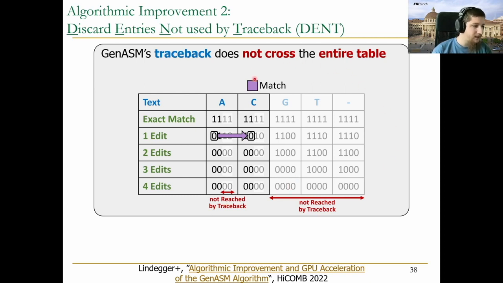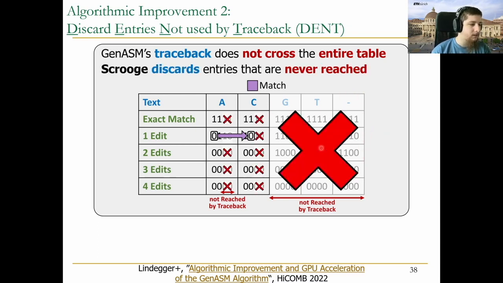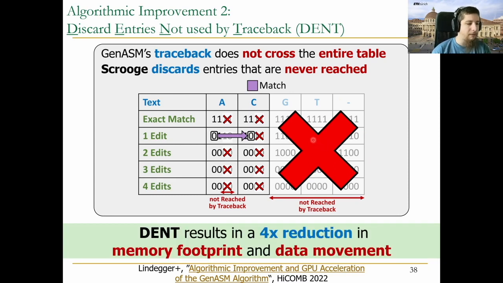But the point here is that the traceback step in this table never reaches the right half of each bit vector, and it never reaches the right half of the table. So what we can do is at runtime simply never store these. We do need to calculate these areas, but we never need to store them for traceback. And this immediately gives a 4x reduction in memory footprint and data movement.